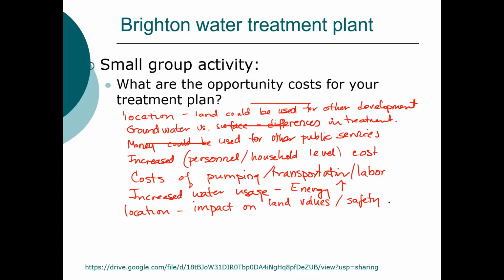The East Lansing plant, when it was built, was on the outskirts of East Lansing, and there were no homes surrounding it. And they used chlorine gas for disinfection. But as development happened around that area, you've got more and more homes.